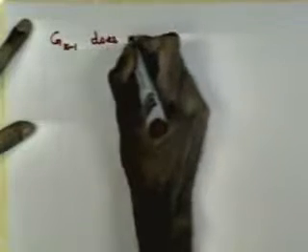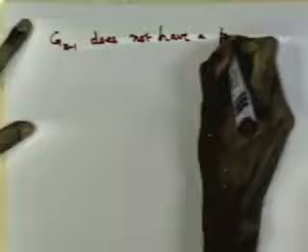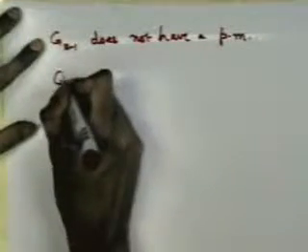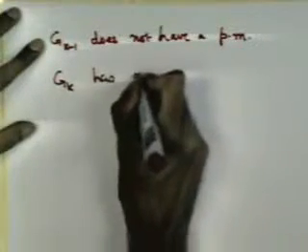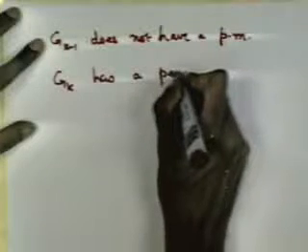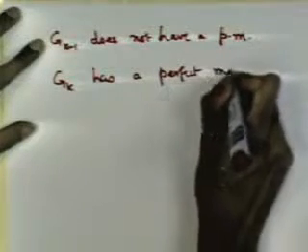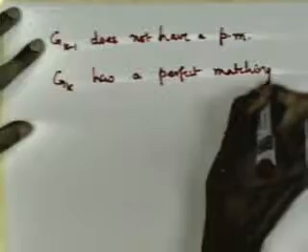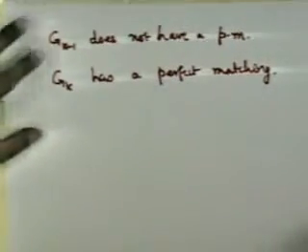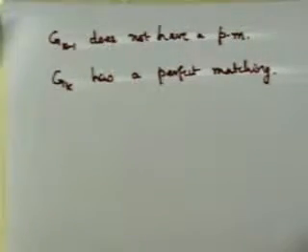So assume that Gk minus 1 does not have a perfect matching, and Gk has a perfect matching. Now, what do Gk minus 1 and Gk look like?